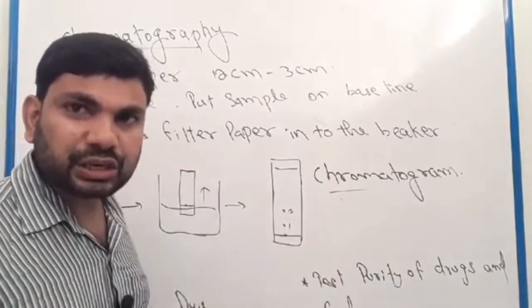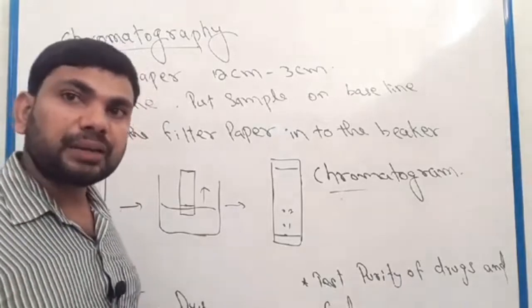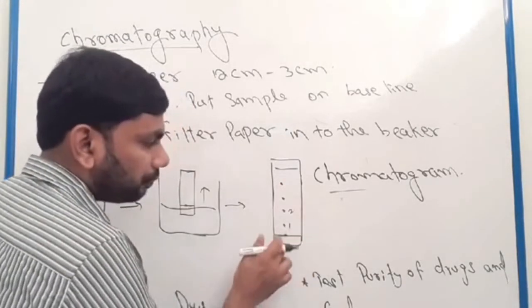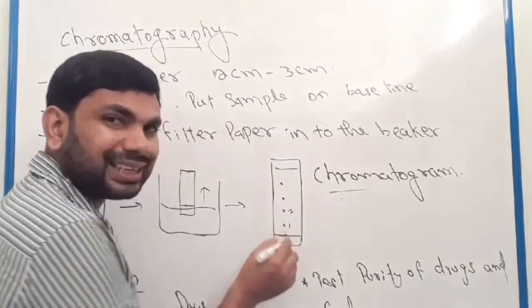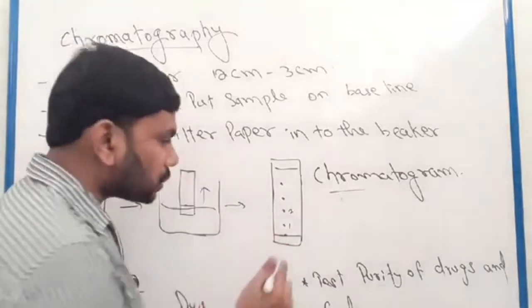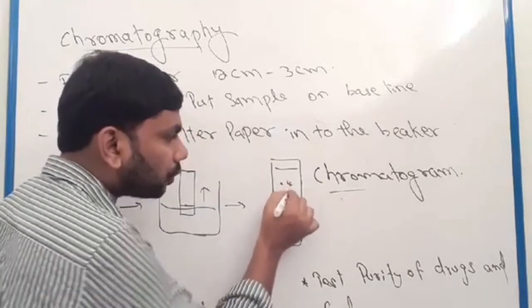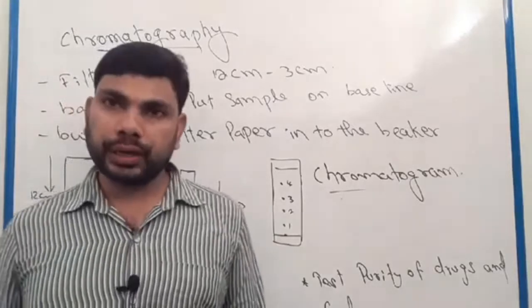Imagine our mixture contains 4 different colored pigments, so there will be 4 spots. Here this is our sample mixture. It contains 4 pigments, so it forms 1, 2, 3, 4 spots, and this result is called a chromatogram.